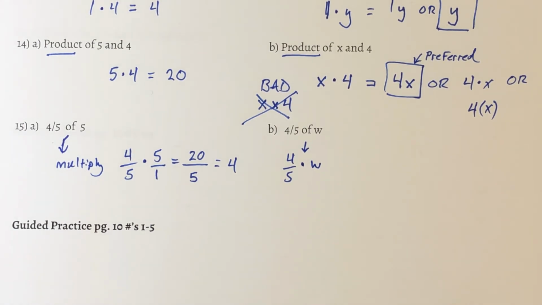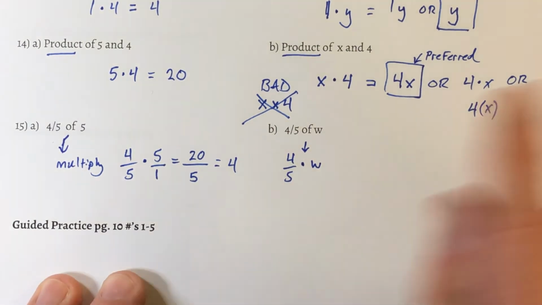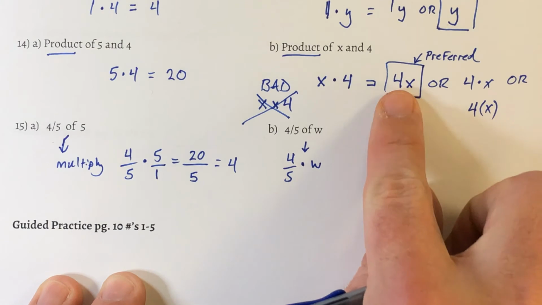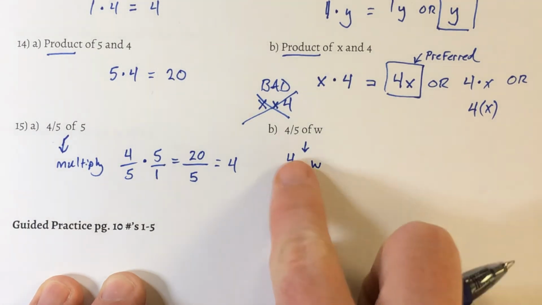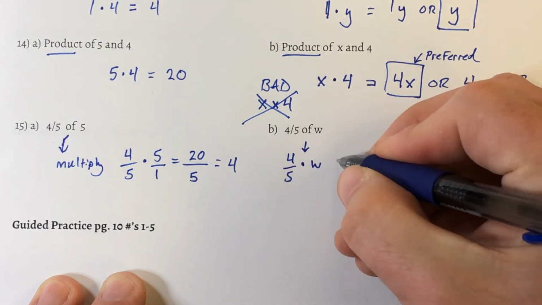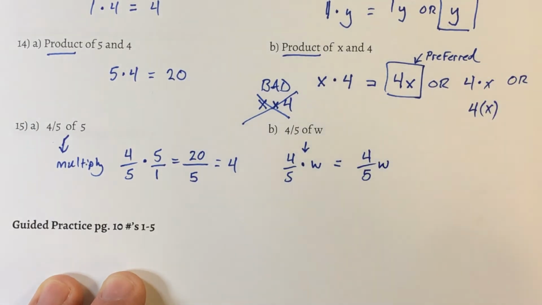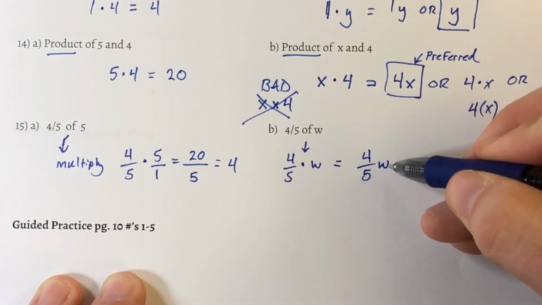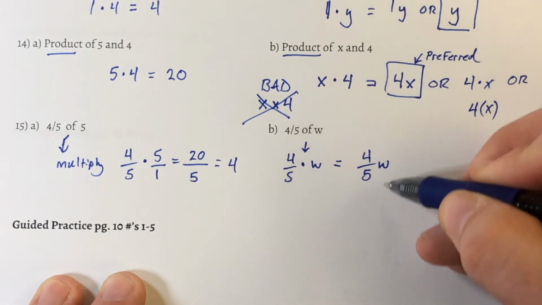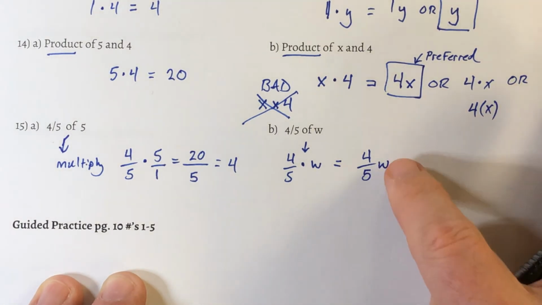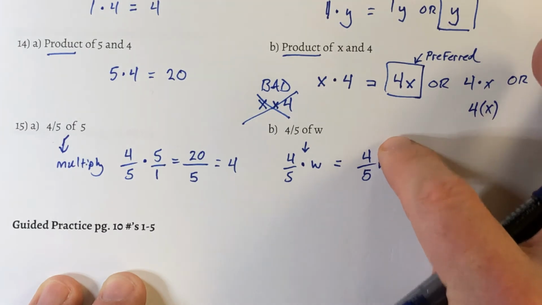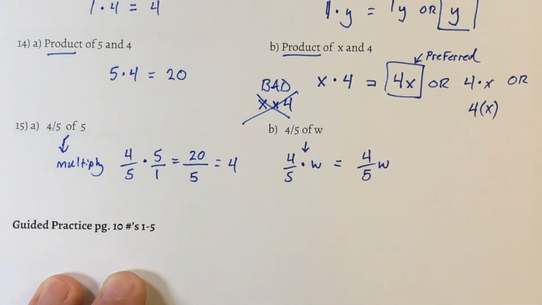I'm going to stick with the most straightforward first one, being put the letter right up the backside of the number. So 4/5 times w is simply going to be 4/5 w. Notice my w is dead center, not on the top, not on the bottom. Be careful with that. Again, not on the top, not on the bottom.